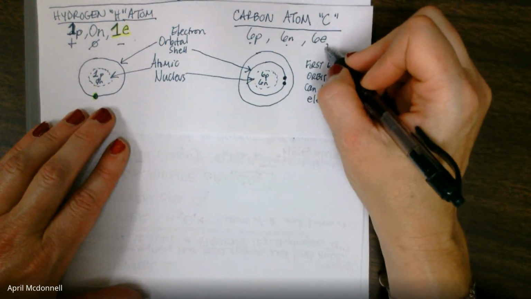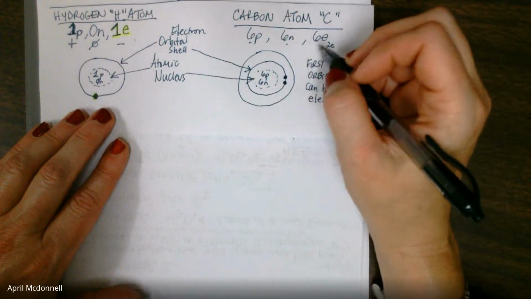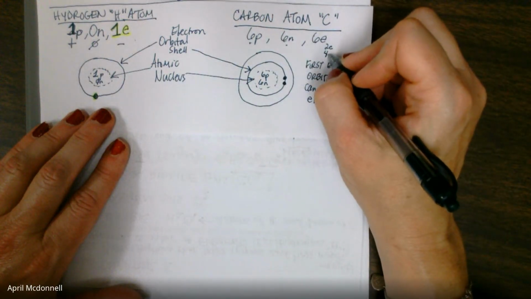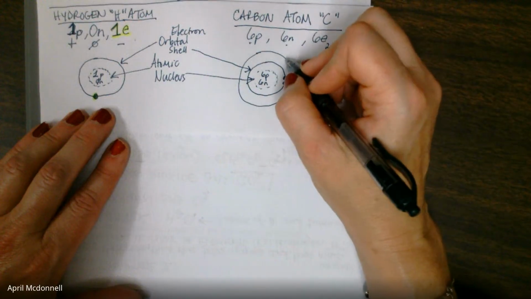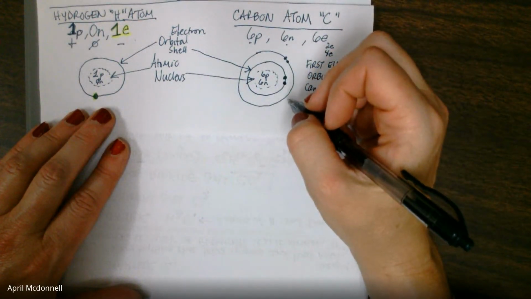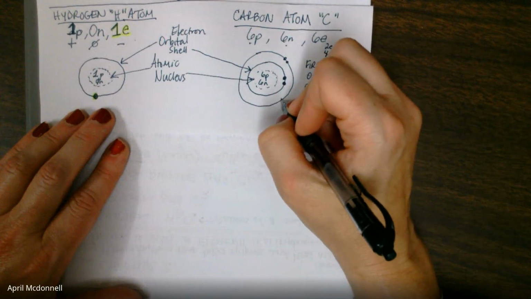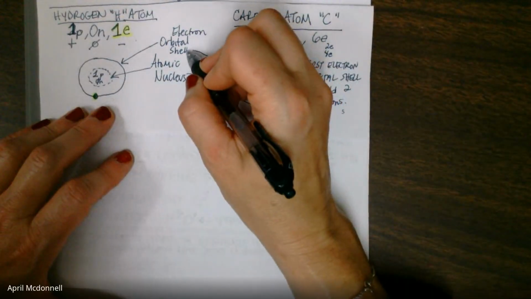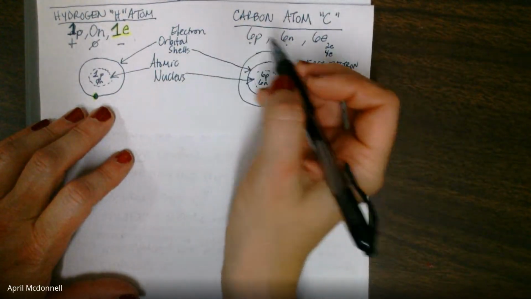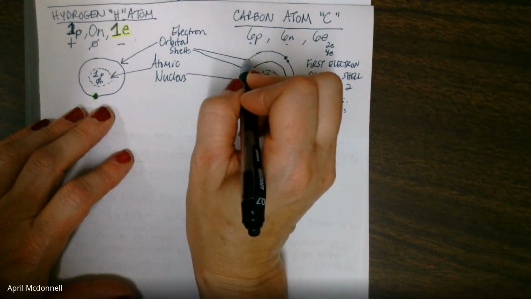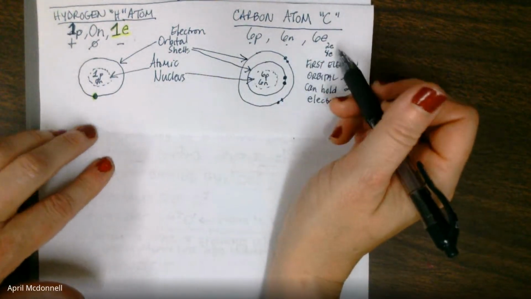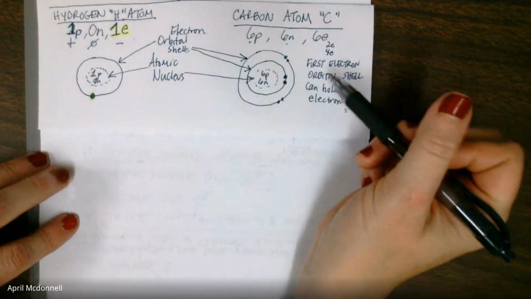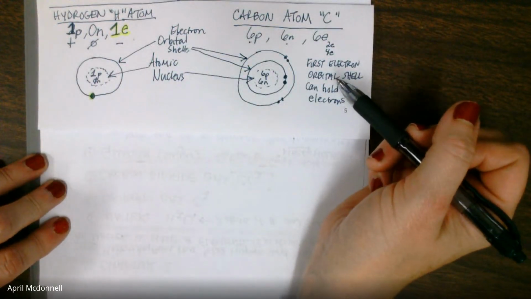So we drew 2 electrons already, and now we're going to have to put the remaining 4 electrons in the second electron orbital shell. So carbon is a little bit different than hydrogen because carbon has 2 electron orbital shells.